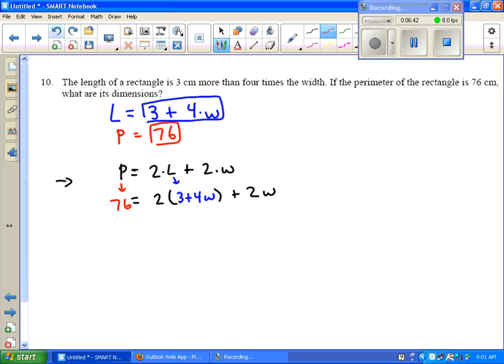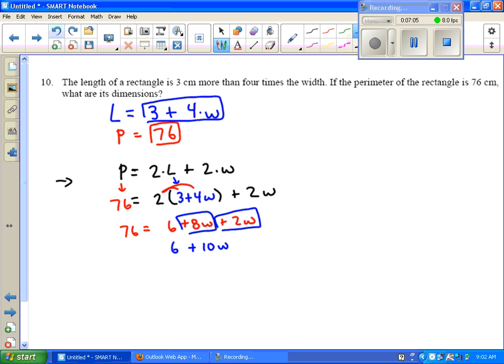Make sure you distribute: 2 times 3 gives you 6, and 2 times 4W gives you 8W. Bring everything else down. 76 equals plus 2W at the end. Combine your like terms. You have 8W and 2W. When you put those two together, you get 10W. It's positive 10W. That's why it becomes plus 10W.